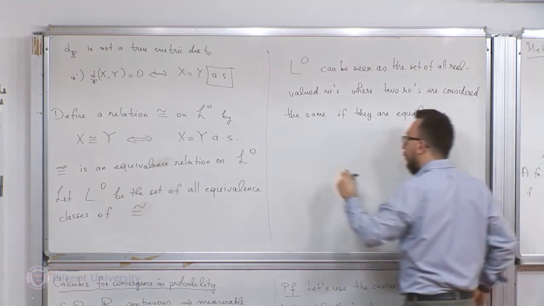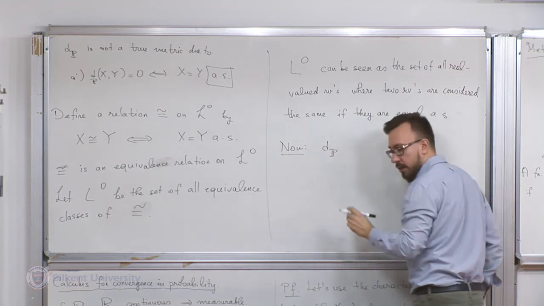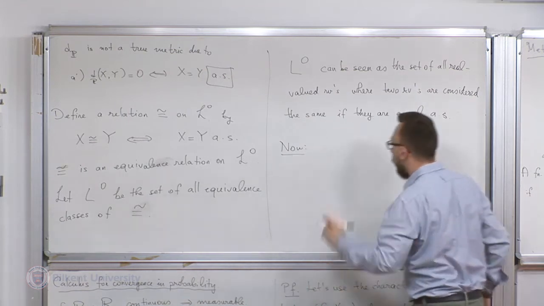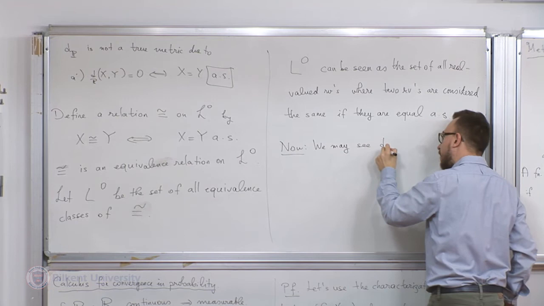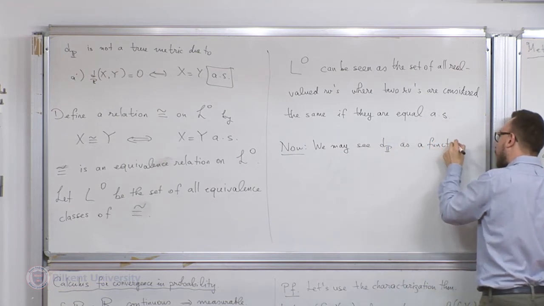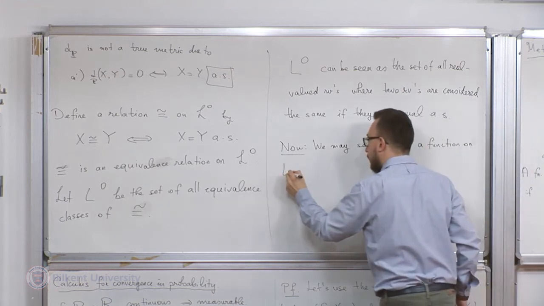Now, why do we do that? Now, we may see dp as a function on L0 cross L0.